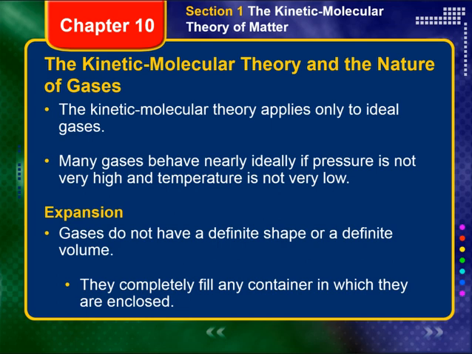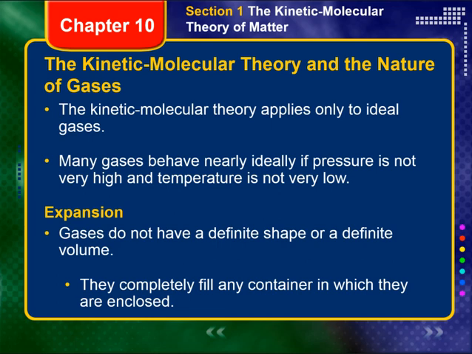The kinetic-molecular theory applies only to ideal gases. Many gases, like I've said before, behave nearly ideally if pressure is not very high and if temperature is not very low. So let's get into these properties.